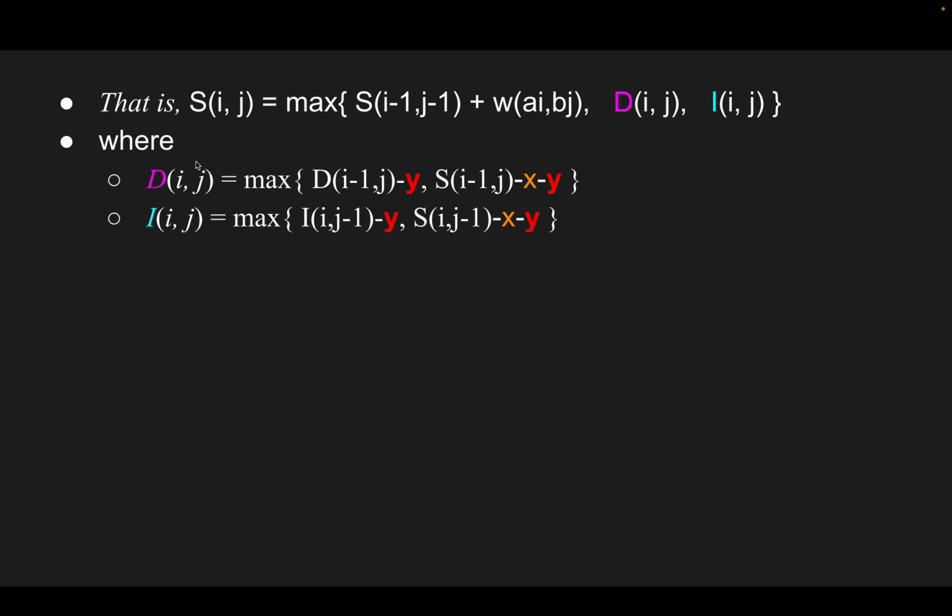So, getting back to the dynamic programming problem, we want to calculate S(i,j). How can we calculate it? By filling out the dynamic programming table.